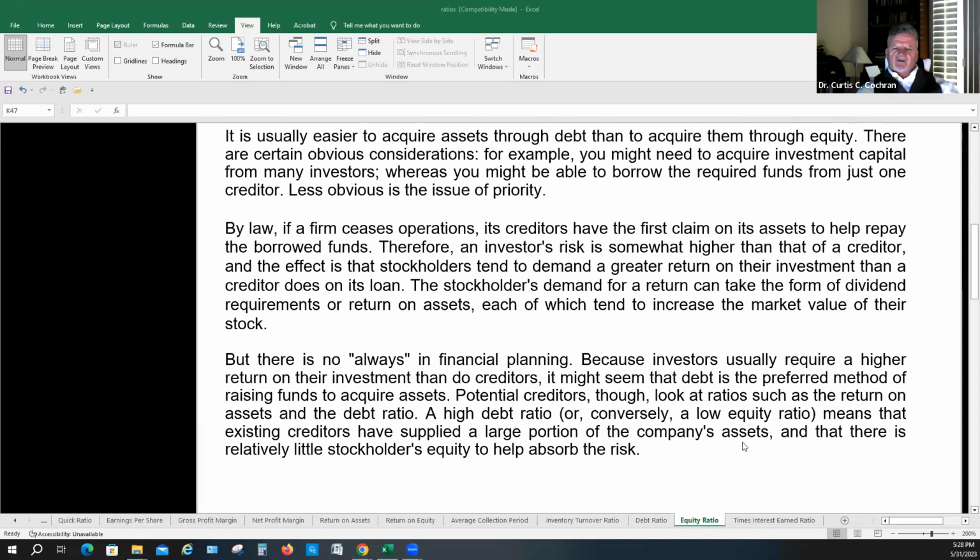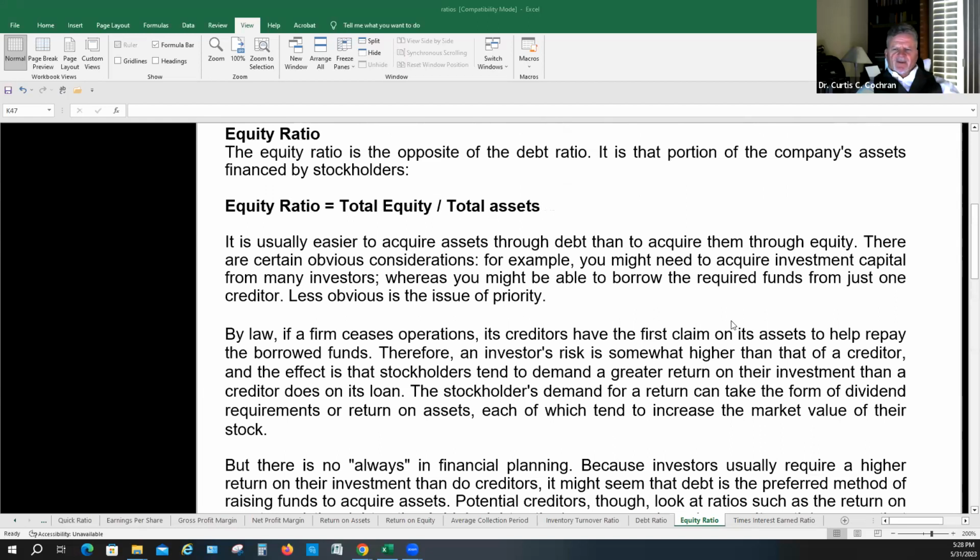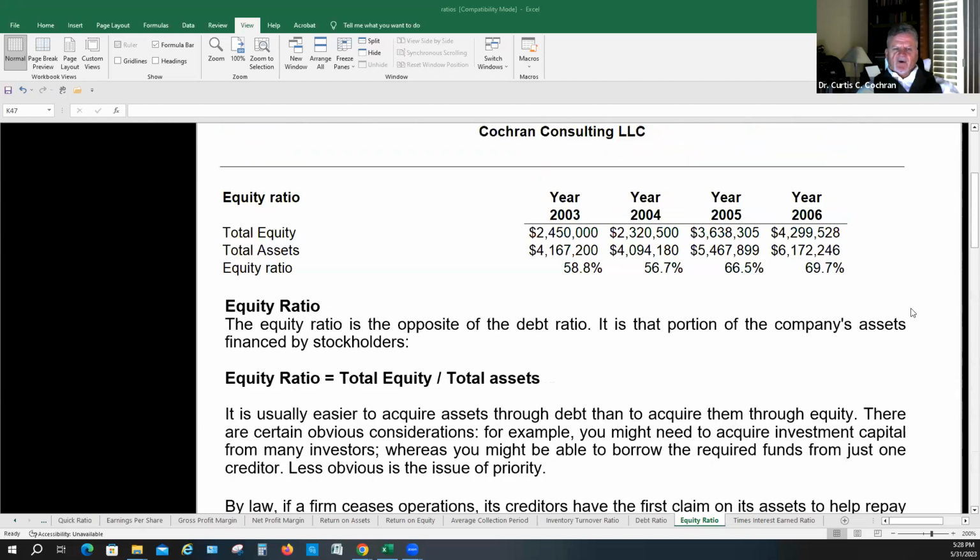A high debt ratio, or conversely, a low equity ratio, means that the existing creditors have supplied a large portion of the company's assets, and that there is relatively little stockholders' equity to help absorb the risk. So most small businesses really don't look at this, total equity to total assets.